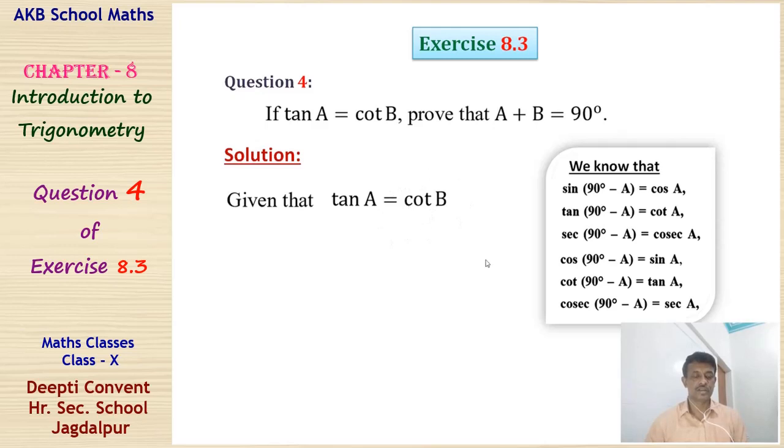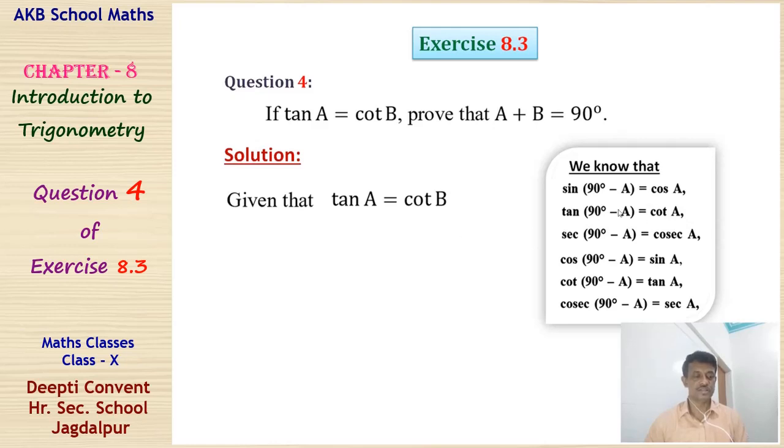So here we see that cot a equals tan (90 minus a) in this table, where a is an acute angle.